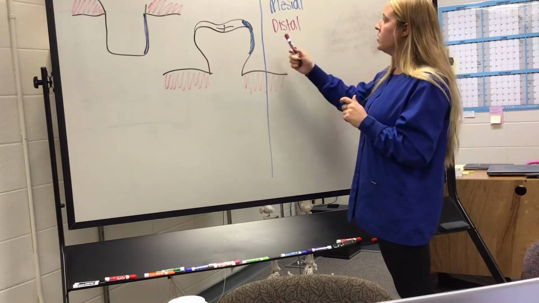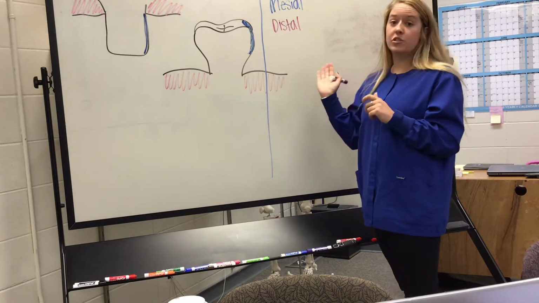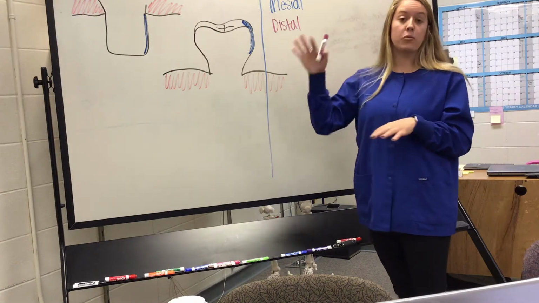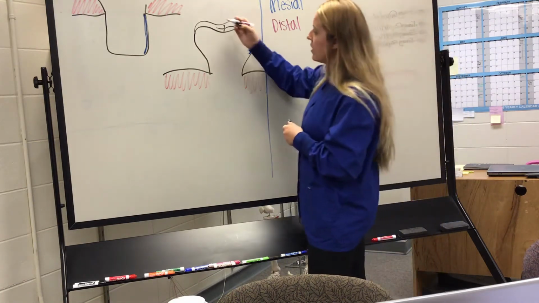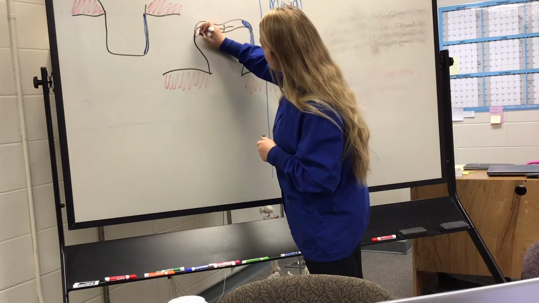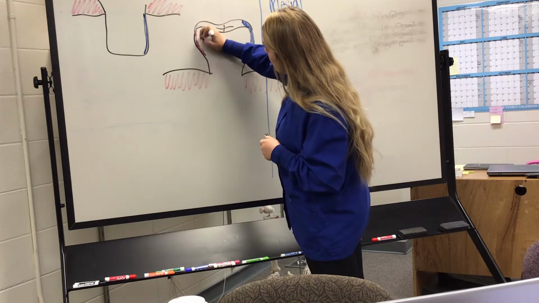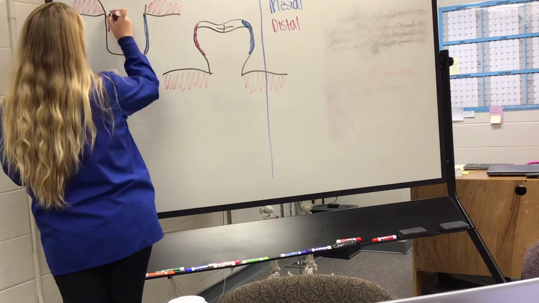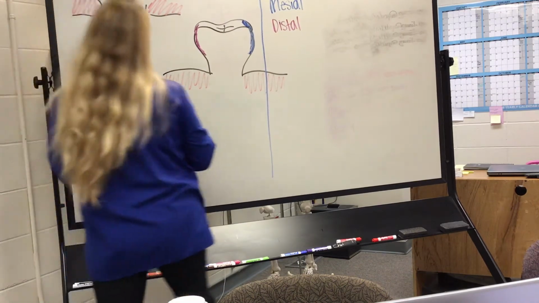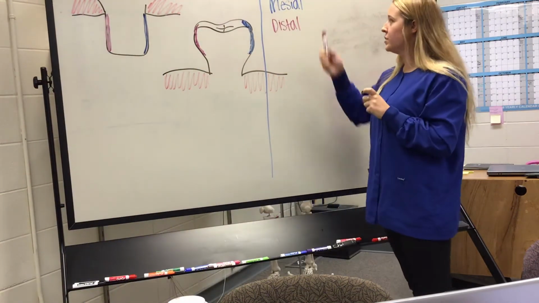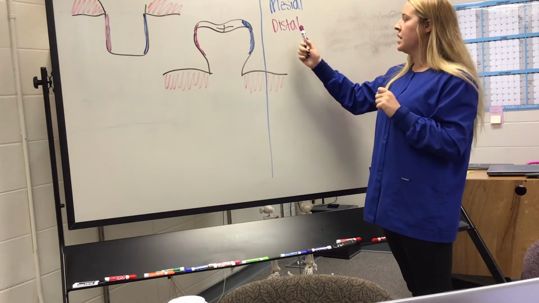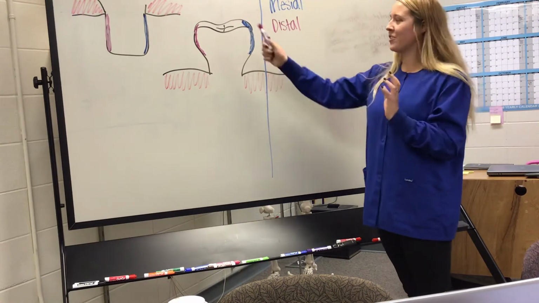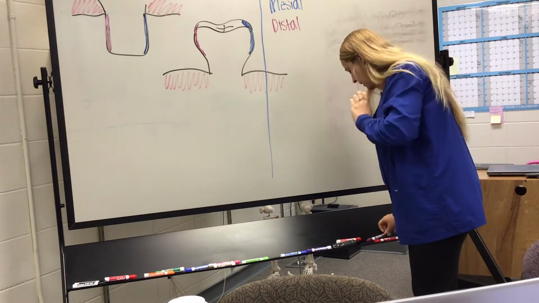So if we have our mesial, which is toward the midline, our distal is going to be distant, which means it's going to be away from the midline. So this will be our distal surface. And then same thing on this tooth, this will be our distal surface. Okay, so in blue we have our mesial, and in pink, purple, we have our distal surface.